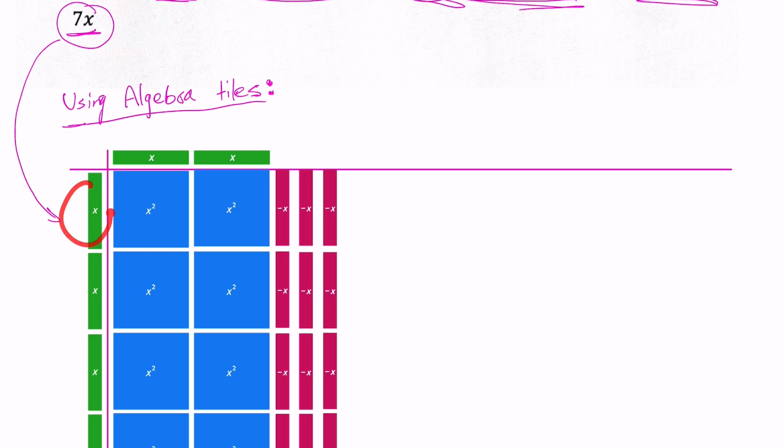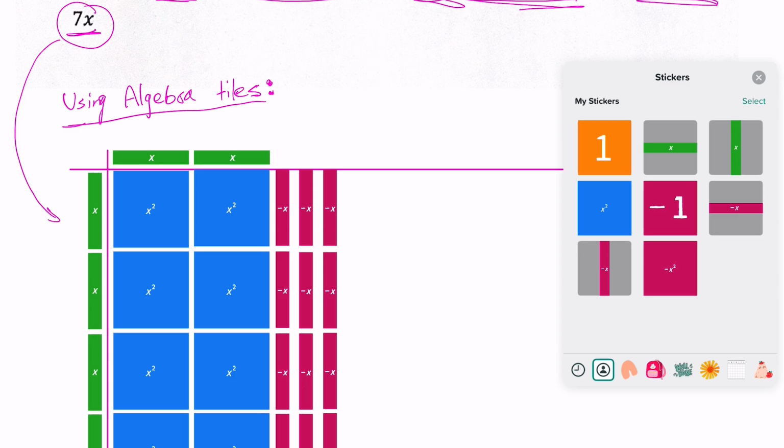That's this times this gives this, right? X squared. So that's why it's an x there, not a number, not a negative, and not an x squared, obviously. Here, I have an x by something, so it's x units long, I know that. And what is the width right here? It's 1. And clearly the color has changed. It went from green to red, so that means it needs to be negative. So -1.